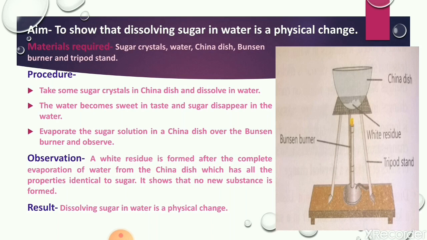After some time, when we start heating it, the water will evaporate, and at the last only a white residue is left. That white residue has all the properties which are similar to the sugar which we earlier dissolved in water. So here also no new substances are formed. It means that dissolving sugar in water is a physical change.